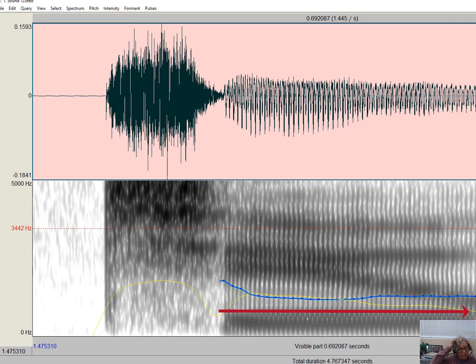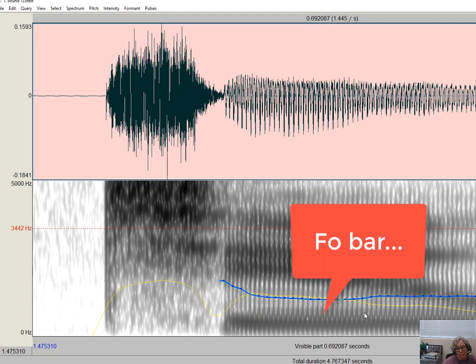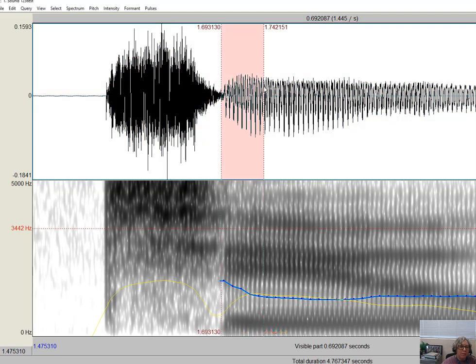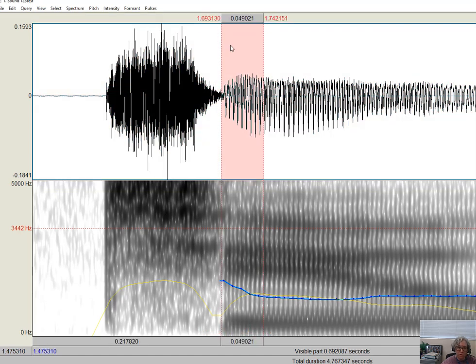Now the great thing about Praat is you can measure your fundamental frequency here. In your assignment, I really asked you to get me a close-up of a vowel. So let me show a close-up. We know that this is the T. This is the OO in 2.